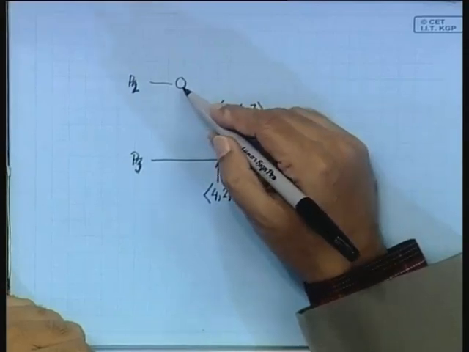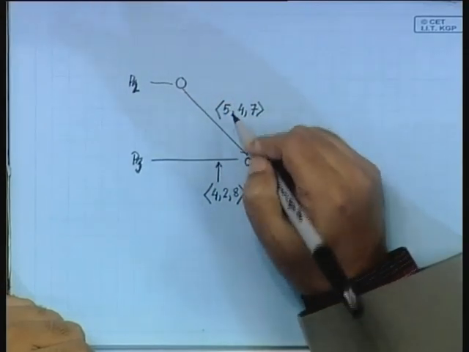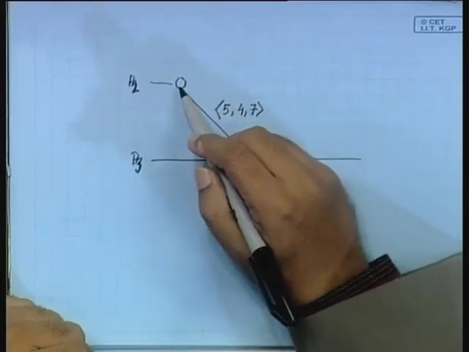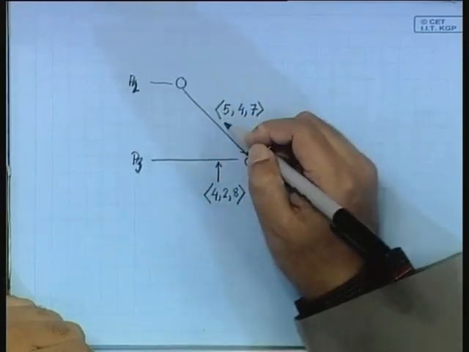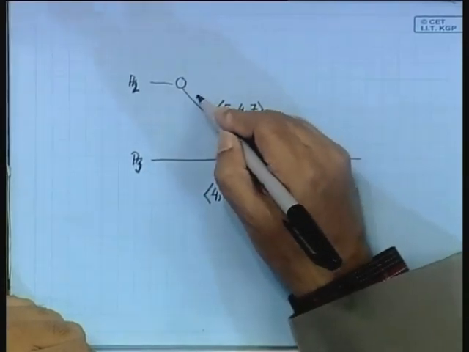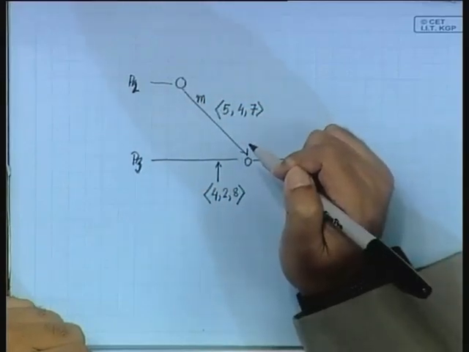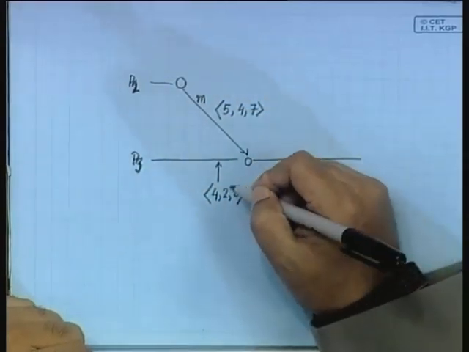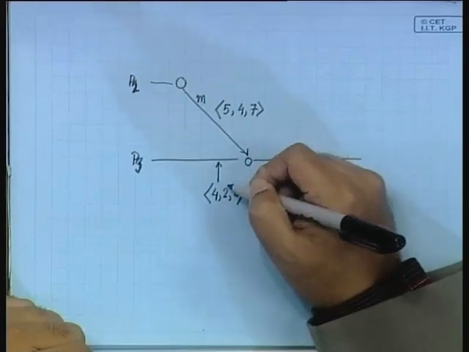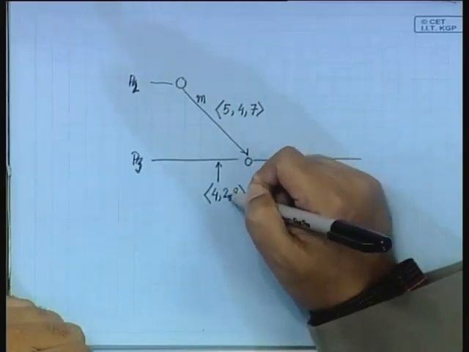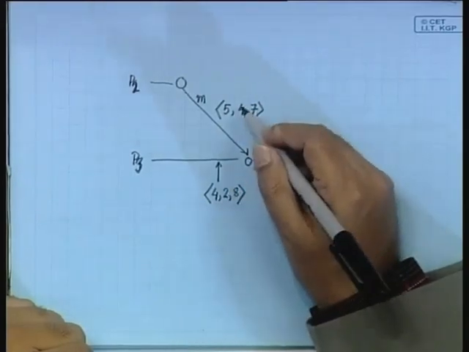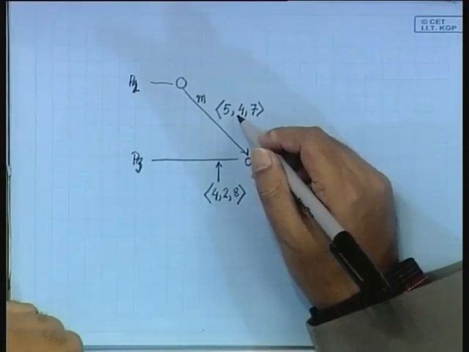So, the send of that fifth message by P1 precedes the sending of this message M by P2, okay. That is one thing. Now, compare the second dimension. In the second dimension also there is a gap of 2, right.